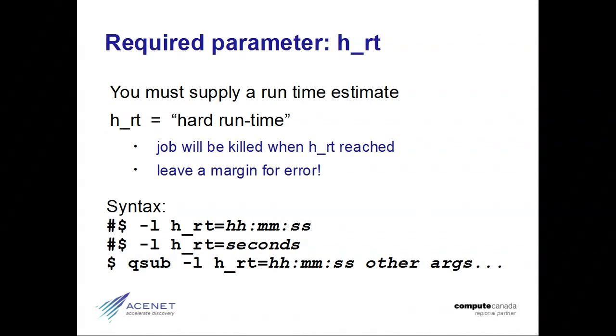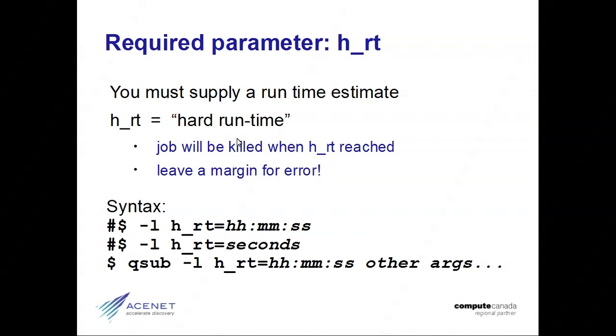The parameter is h_rt, and it's supplied with a prefix -l, space h_rt, and equals something in hours:minutes:seconds, or you can just give straight seconds if you like. And the h here stands for hard. This is a hard limit on runtime. By hard, we mean that after the job starts running, it goes for as long as the h_rt that you've asked for.